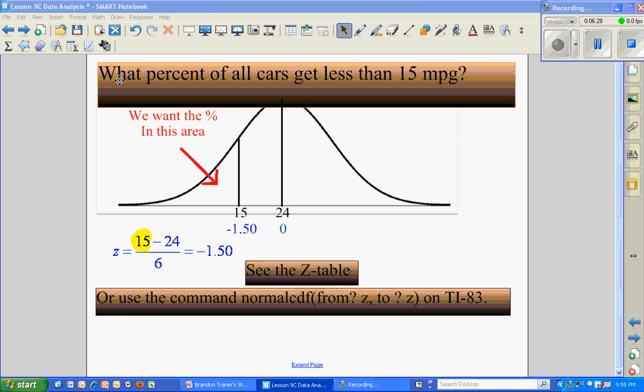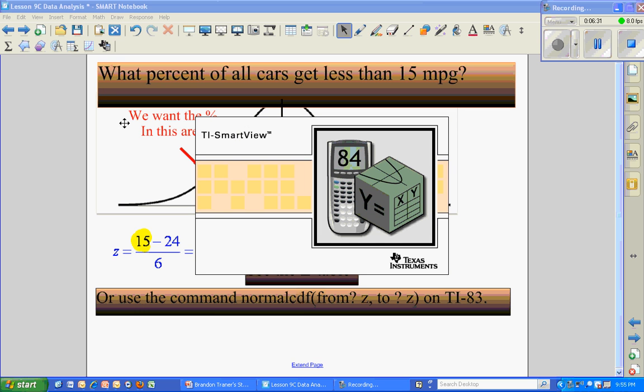Let me pull up your calculator, the normal CDF command.